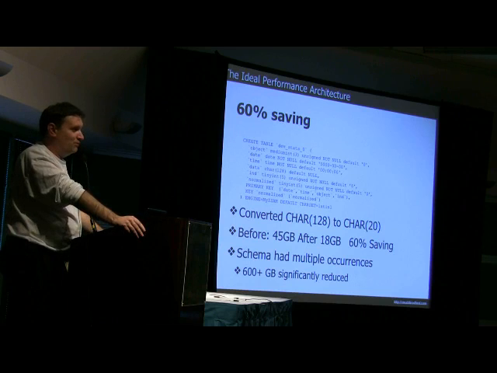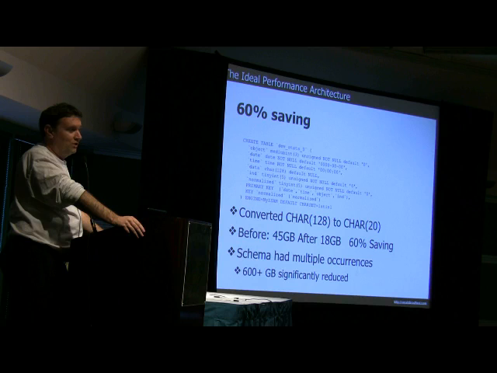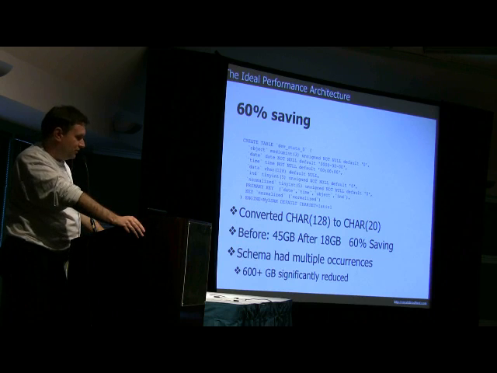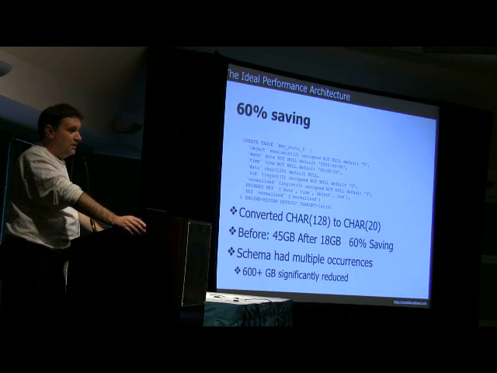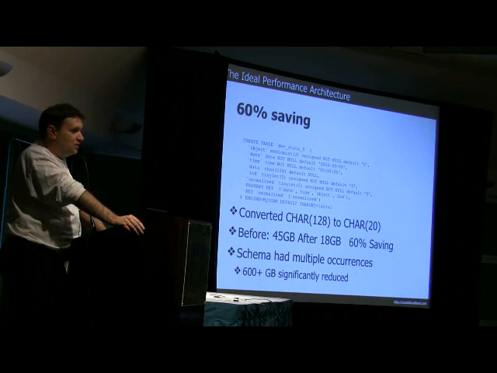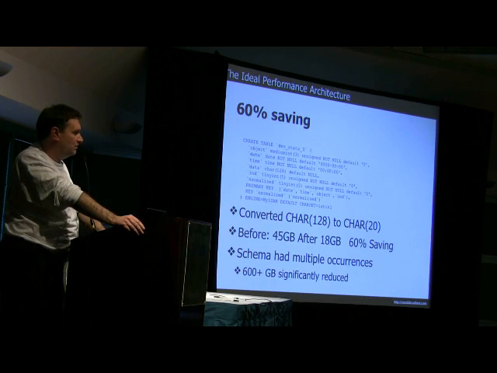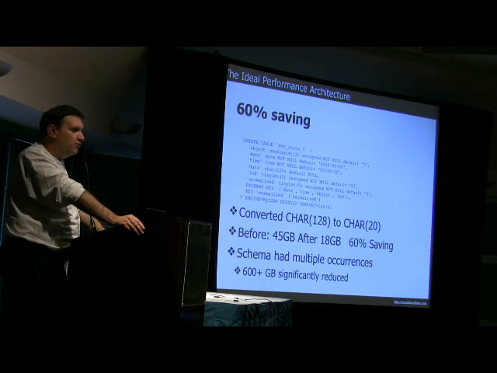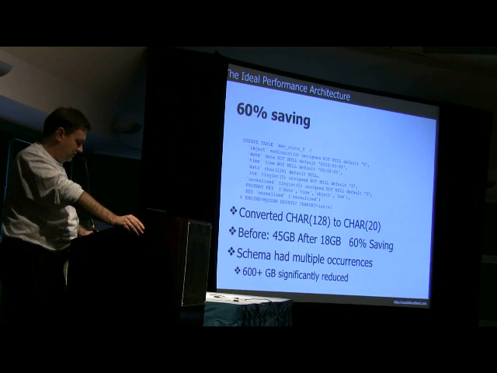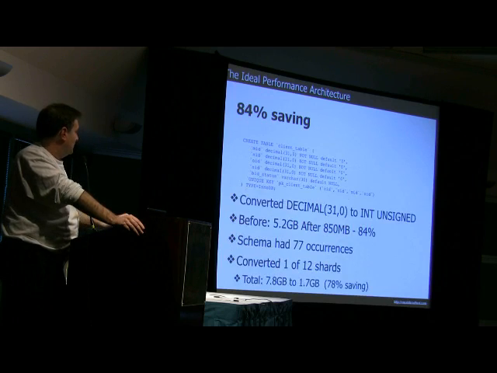And by changing a column from char 128 to char 20, actually I think it was char 30, char 20, char 30, because their data only contained values of that size, I reduced the size of the footprint of the file by 60%. And this was an example where this database was 300 to 400 gigabytes in size. And that's a significant saving. Actually, I think it says 600 there, so maybe it was bigger than I thought.